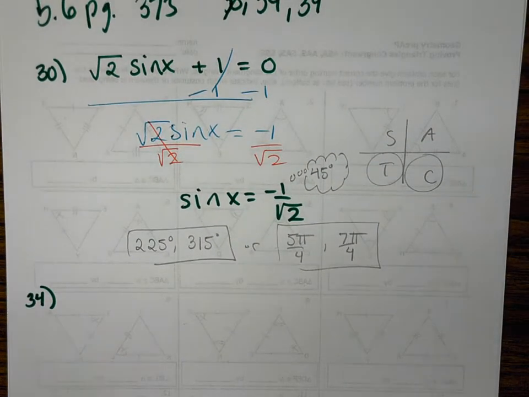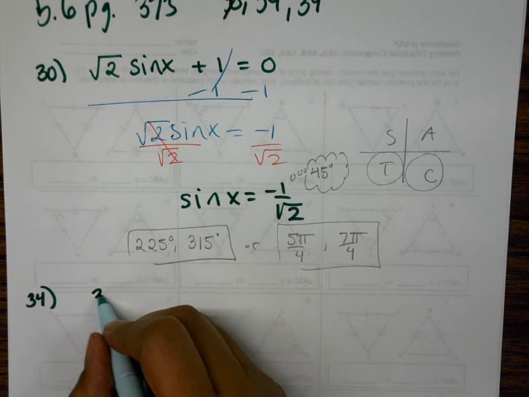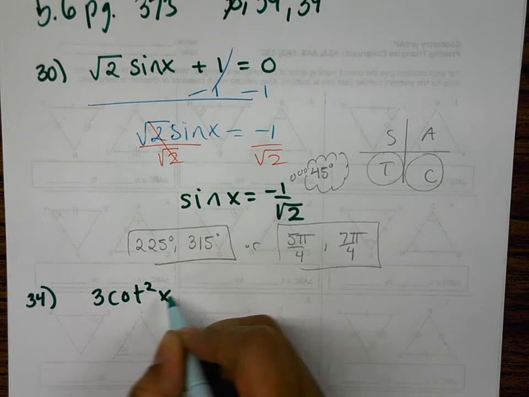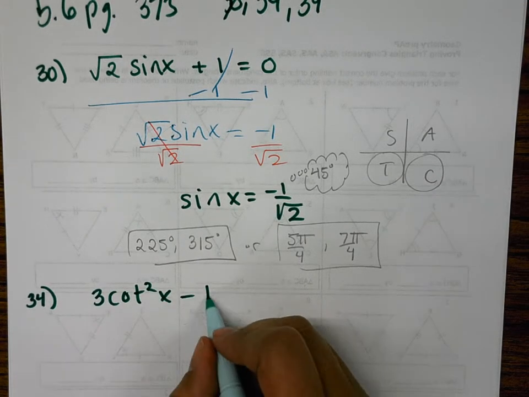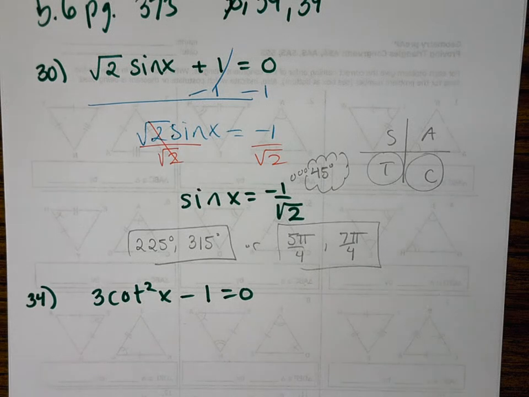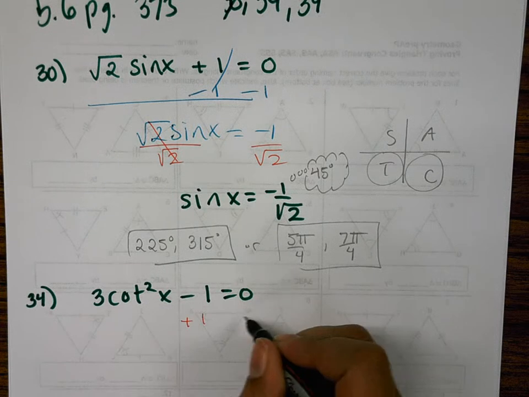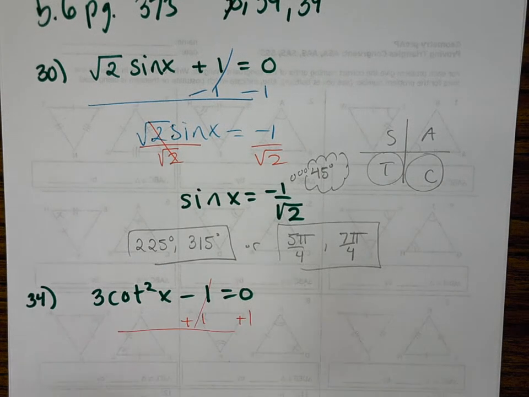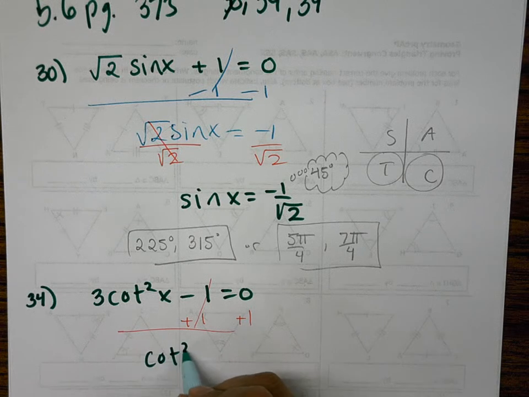Okay, 34. 3 cotangent squared x minus 1 equals 0. I'm going to do the same thing I did on the last one. I'm going to add the 1, which gives me cotangent squared x equals 1.